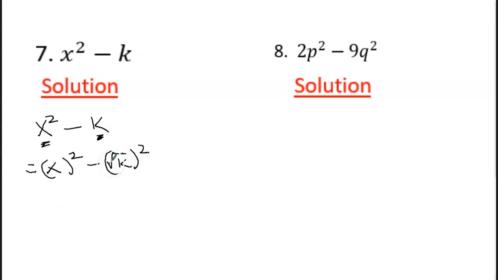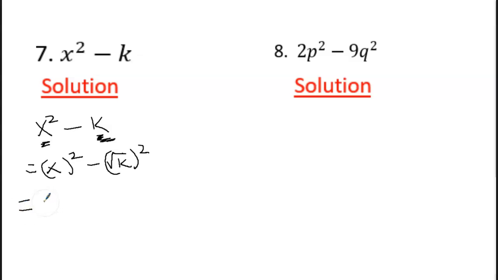Now square root of k will take care of the square root and you still get your k back. So anytime you want to use difference of two squares and one term or one factor is not a perfect square, this is how you can rewrite it. You always put that expression under the square root. It could be a number, it could be an expression, it could be a variable. When you square it, you still get the same thing.